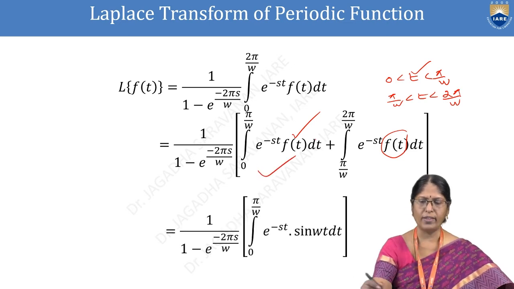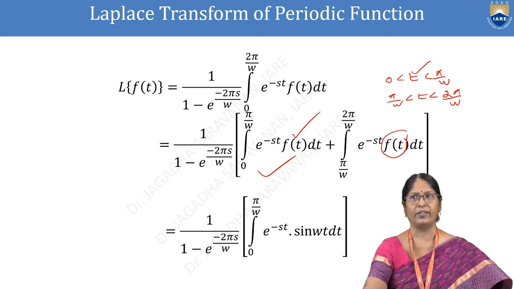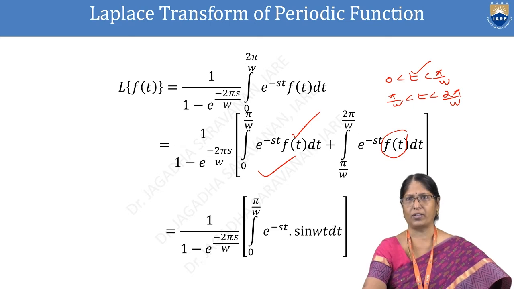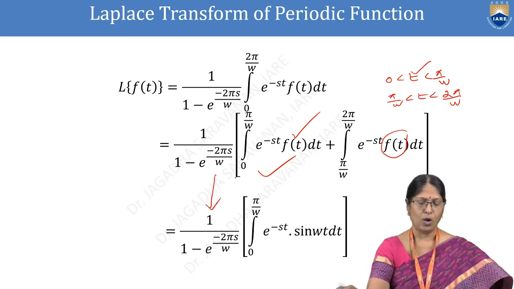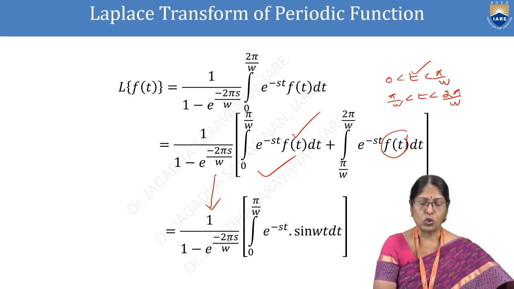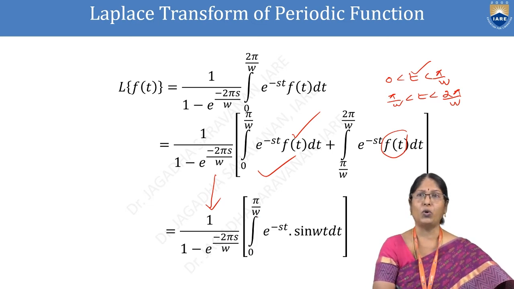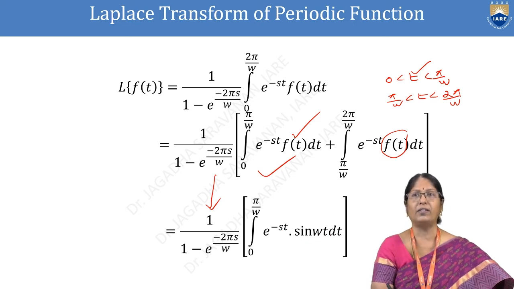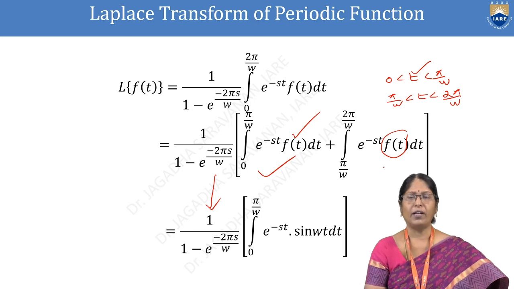So only the first integral exists. So the first one is 1 by 1 minus e power minus 2 pi s by w, integral 0 to pi by w e power minus st sine wt dt. This is nothing but 0.